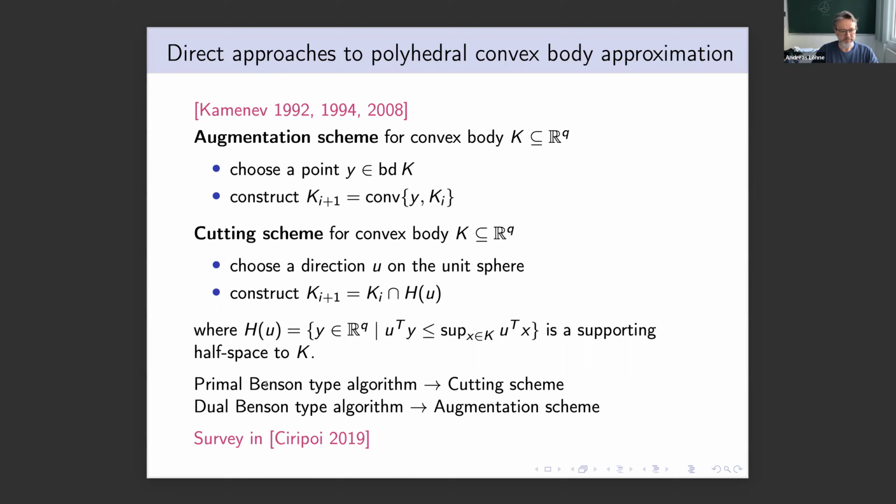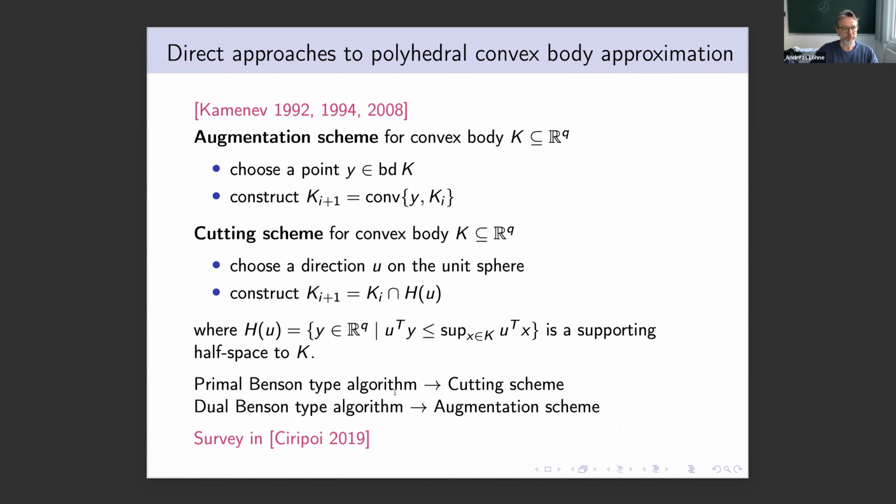The one term is usual in multiple objective optimization, and the cutting scheme term is common in the framework of approximation of convex bodies. And the dual Benson algorithm is nothing else than this augmentation scheme here.